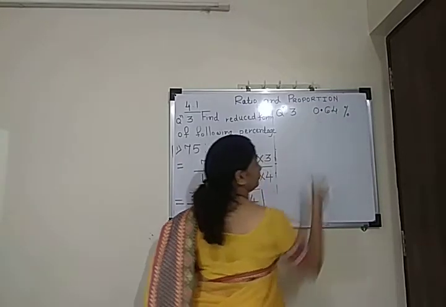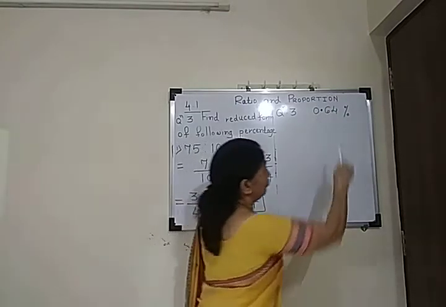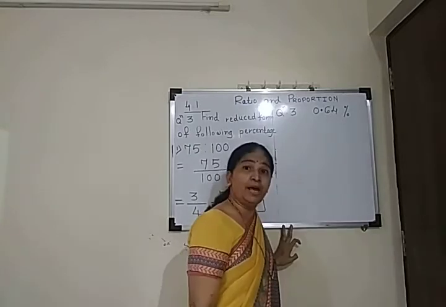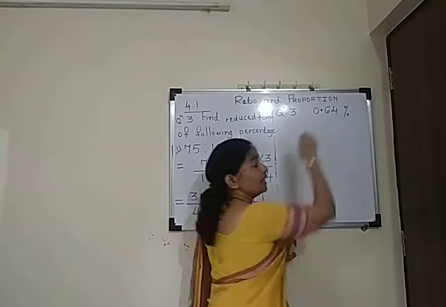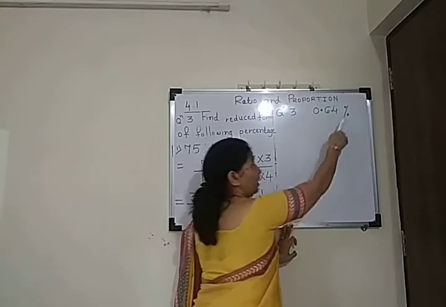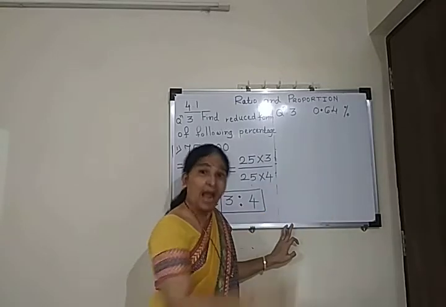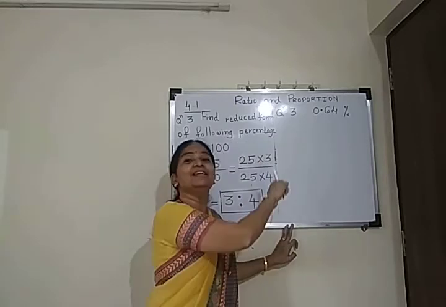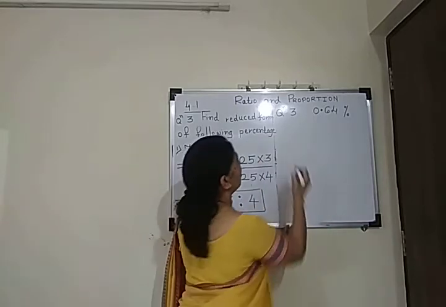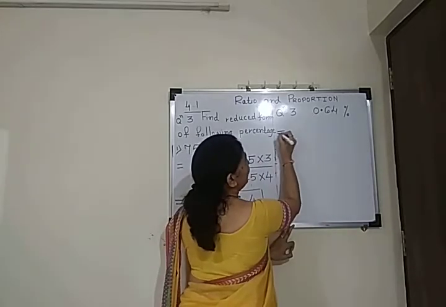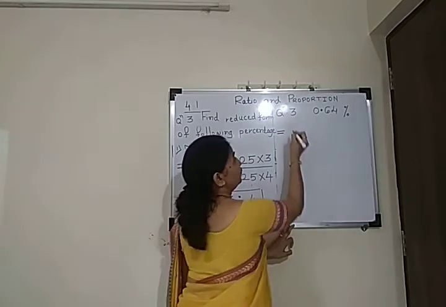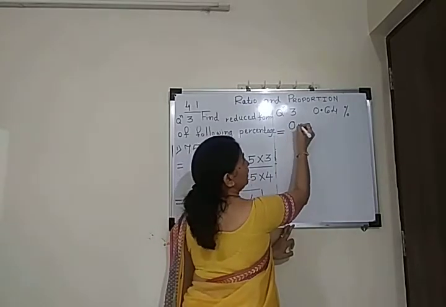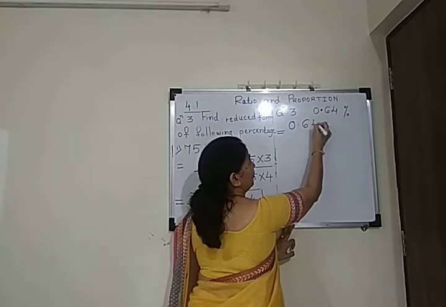They are saying 0.64%. What do you mean by this sign? This sign is that of the percentage, and it means the denominator is 100. So, should I write that in this way? 0.64.